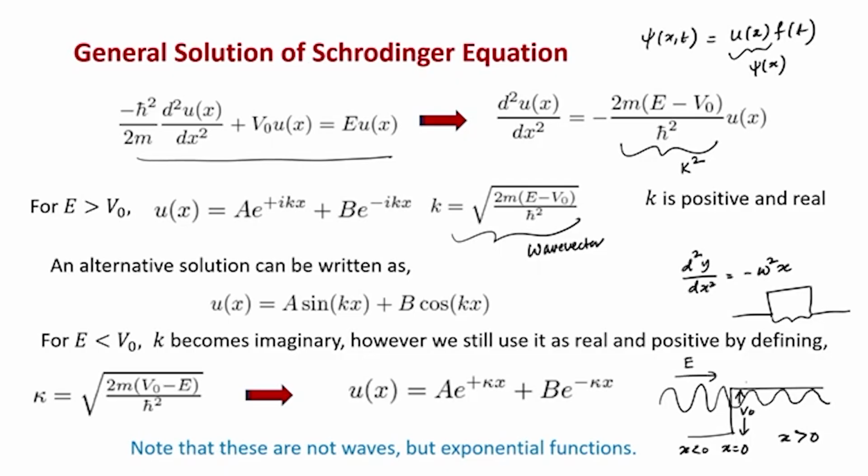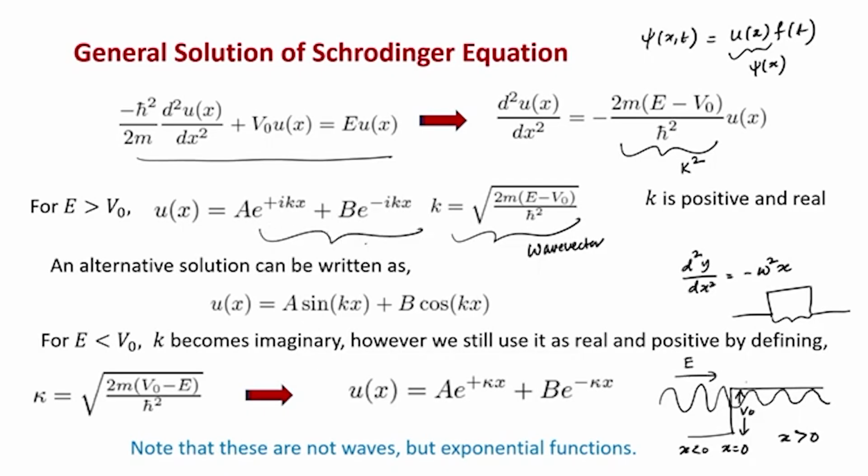Now, there is no infinity inside the box. So you can of course use exponential solutions on the left of the step and on the right of the barrier, but inside one should use a sine or cosine, or if E is less than 0, then one uses a sine hyperbolic and a cosine hyperbolic. These are equivalent solutions to the exponential, oscillatory solutions.